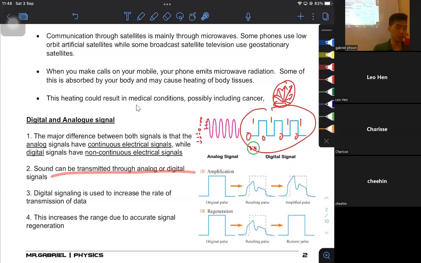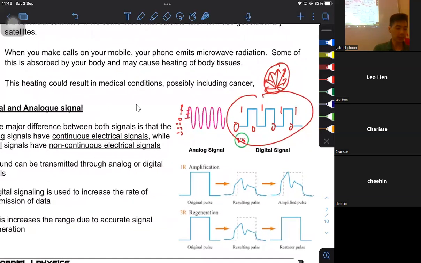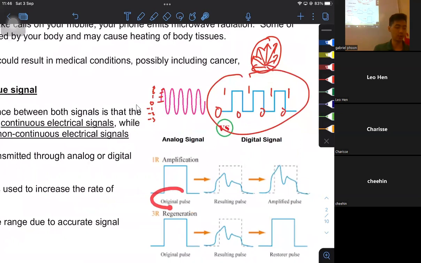Sound can be transmitted through analog or digital signals. Digital signaling is used to increase the rate of transmitted data, okay? This is to increase the range due to accurate signal regeneration. So basically, if you look here, this is basically the original pulse. Usually if we just transmit it over a far range, some data and some signal will be lost. So it's like crooked already, right?